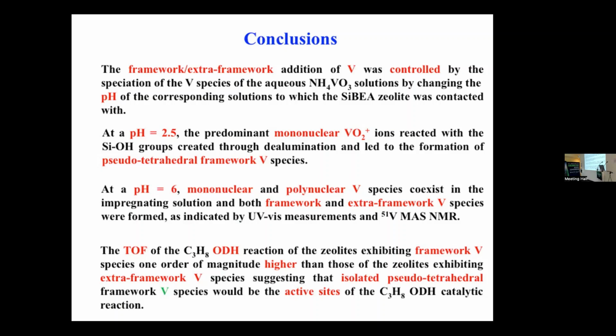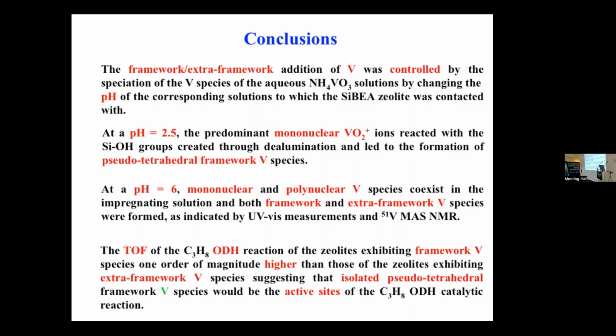So in this case, the turnover frequency of propane oxidative dehydrogenation is exhibited by framework vanadium species, one order of magnitude higher than in the case of zeolite with extra-framework vanadium species.